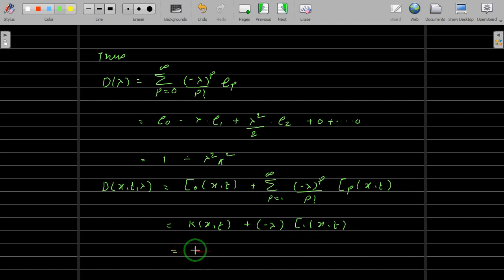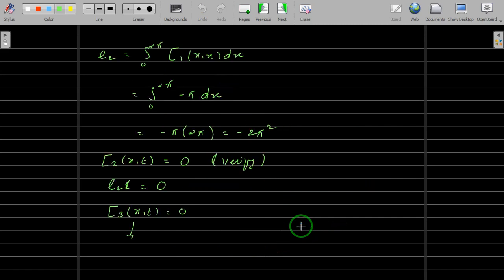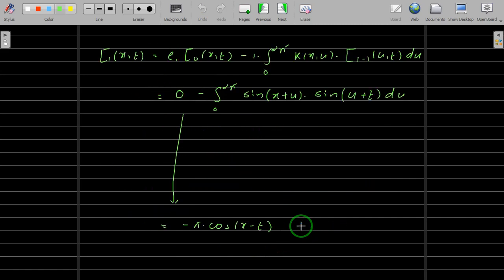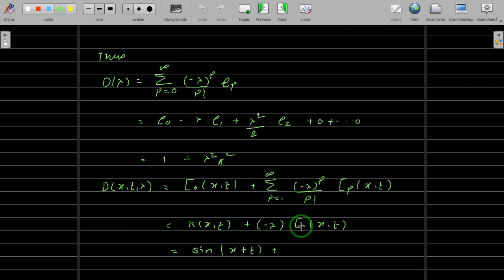And when you substitute the values you will have sine of (x plus t) plus, C1 is minus pi cos of (x minus t), so signs will change, it's lambda pi cos of (x minus t).